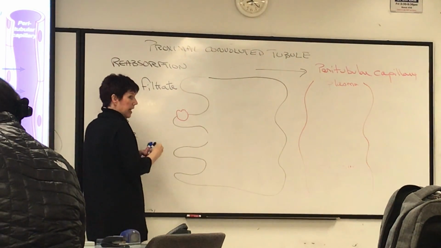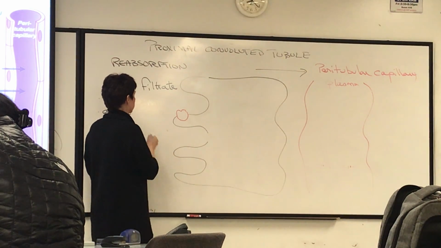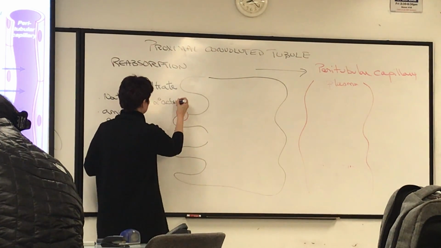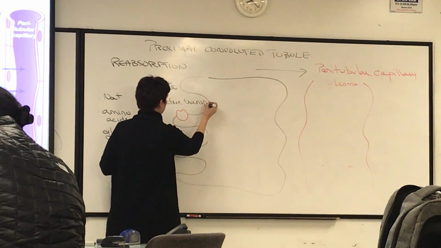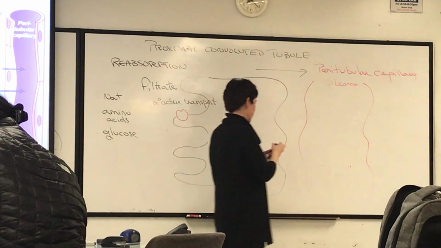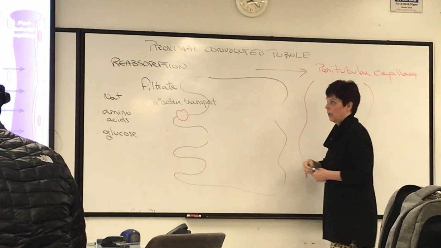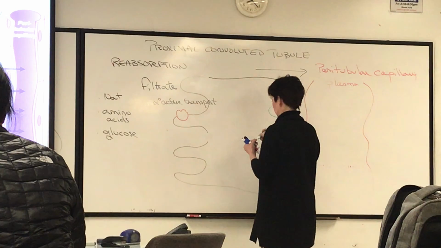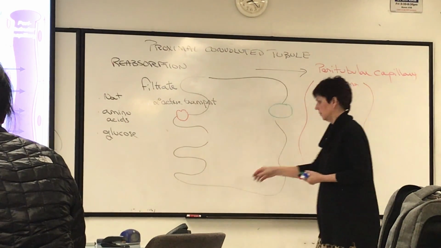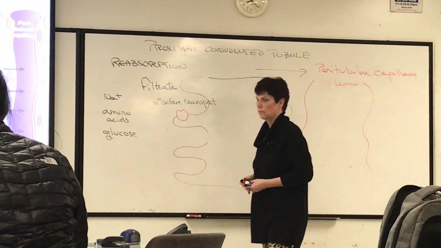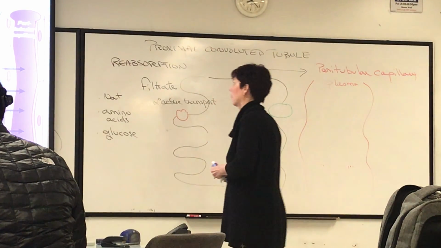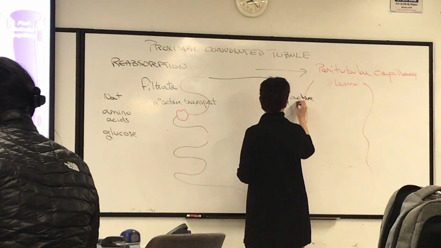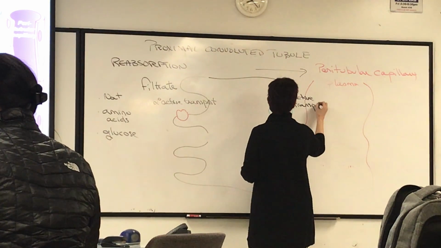So this is a secondary active transport. Then down at this end, we have active transport. Which one of these requires ATP? Active transport.